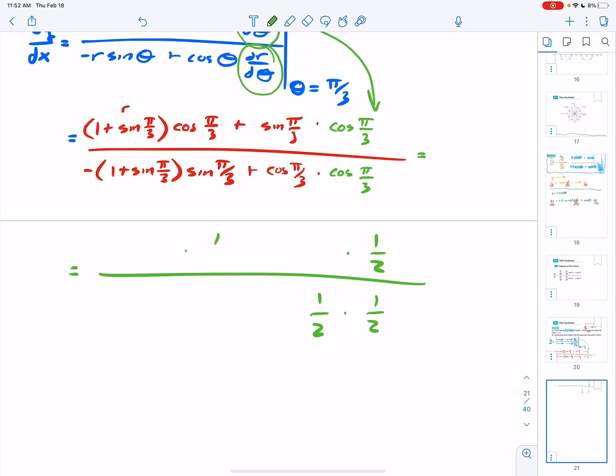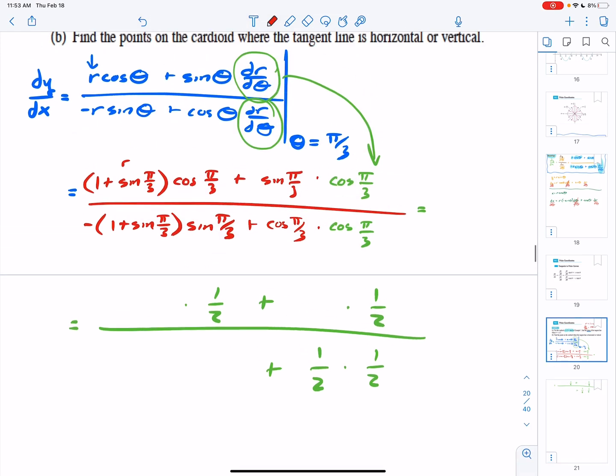There's another cosine of pi over 3 there. Sine of pi over 3 is radical 3 over 2. So I'll plug those in.